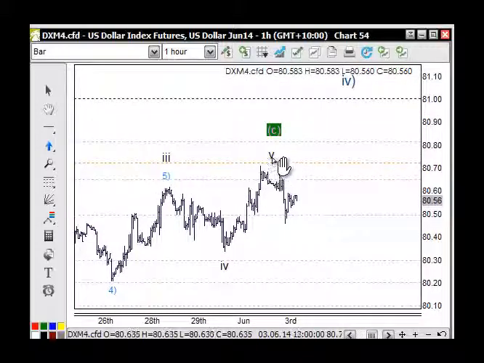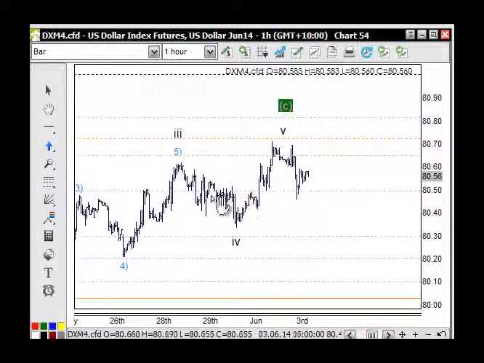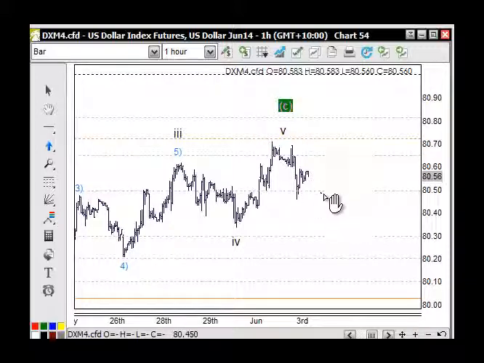So it's possible that we can have a top in place now in this last little 5 wave structure here, but I don't want to call it in while it's sitting on support here. So this would have to be a retested resistance here.